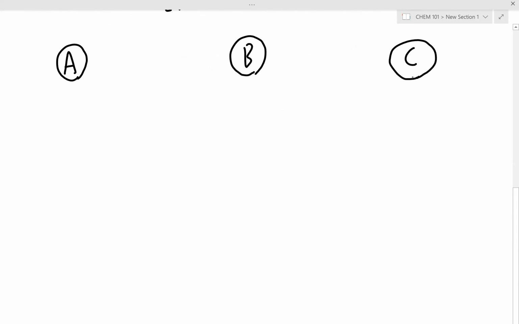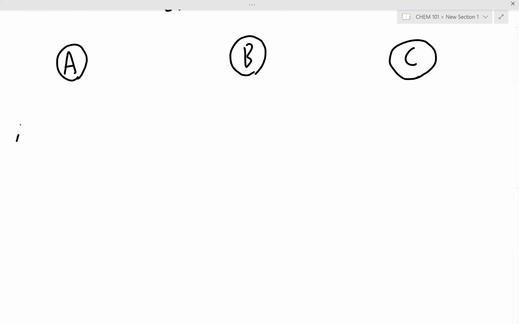So let's talk about our 3 major cases. There are 3 major reactions that we are going to be looking at today, and we're going to use these 3 reactions to figure out the empirical formula of each of these 3 different compounds. In case A, what reaction are we going to be looking at? Combination between what 2 elements?